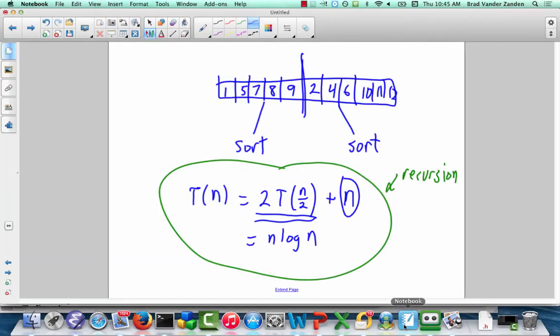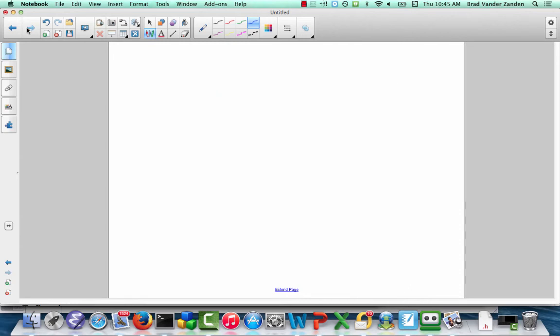Okay, so the takeaways thus far is we're using BigO to compare two algorithms. If one takes n squared and one takes order n, we typically prefer the one that takes order n.